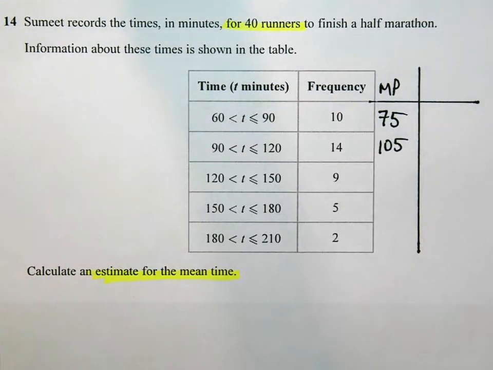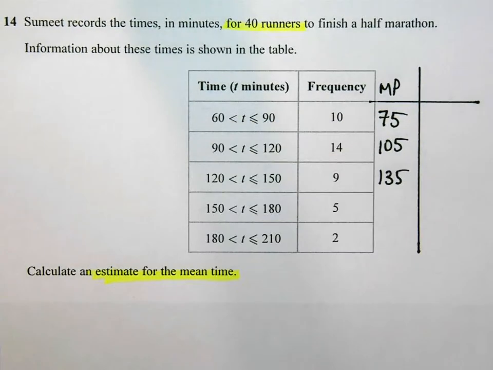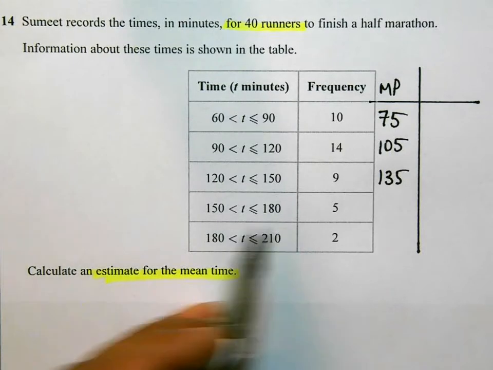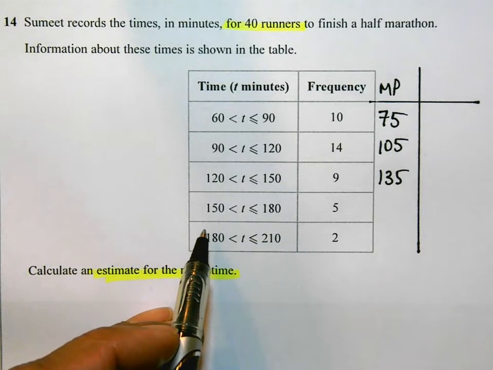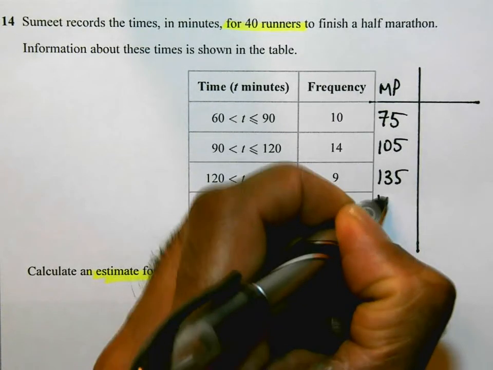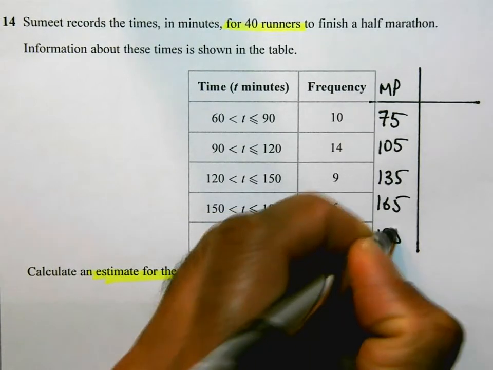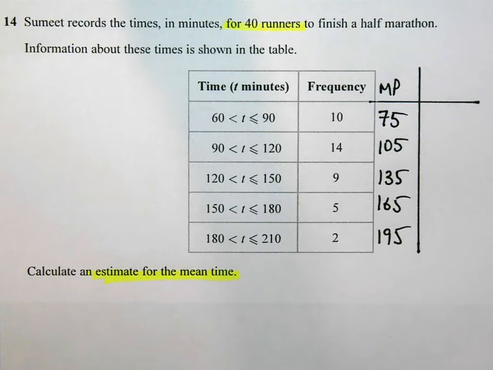The next group, 180 plus 150, and then divided by 2, that gives me 165, and 180 plus 210, divide that by 2, that gives me 195. Okay, so do take your time. One of the challenges in this question is to work out the midpoints of the groups.